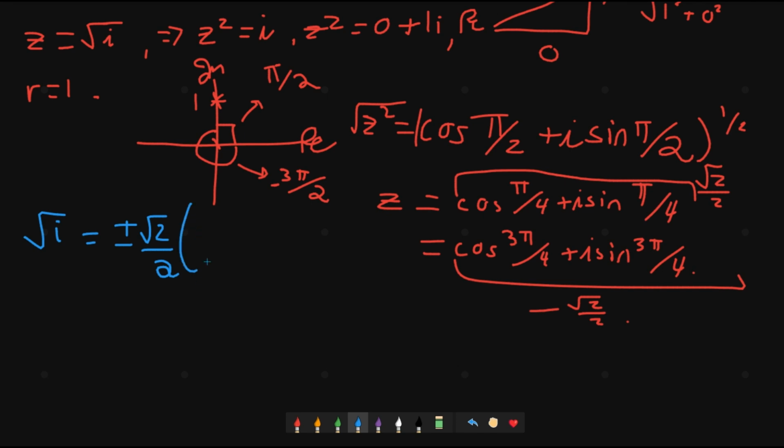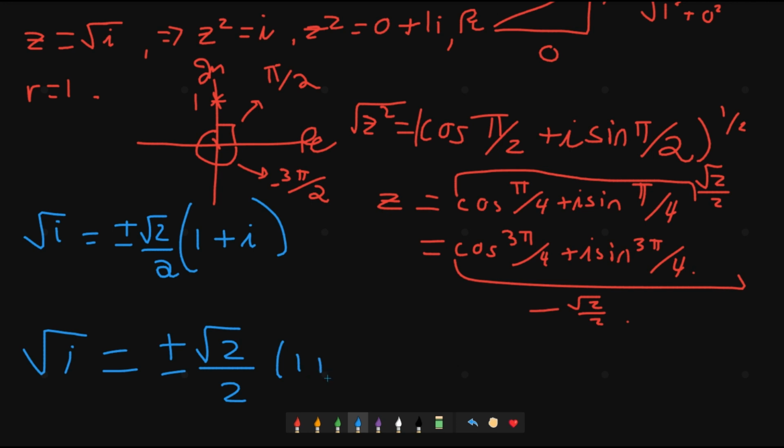So this gives us 1 plus i, because we have the square root of 2 over 2 multiplied by 1, and we're being multiplied by i here. So finally, the square root of i, let's write this again, is equal to plus or minus the square root of 2 over 2 times 1 plus i.